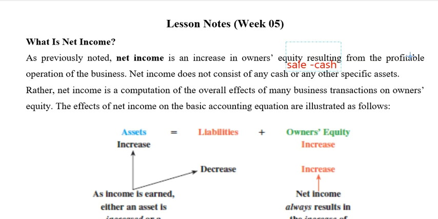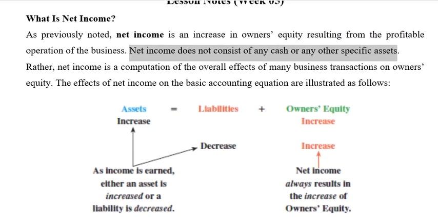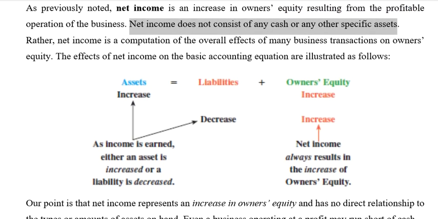Then indirectly we can say the earning, the net profit, is producing an increase in cash and assets, but the value of net income and net profit does not come in the whole value into the cash account.